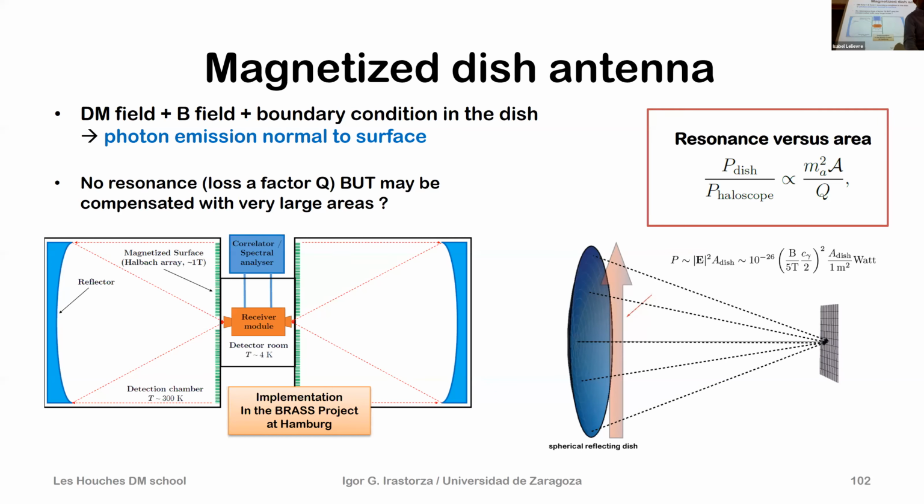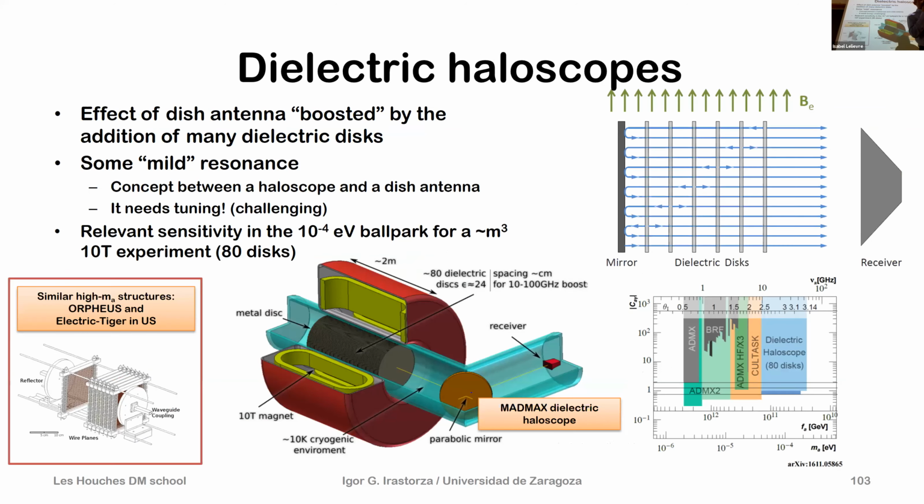So this idea was later refined and evolved into what is now known as dielectric haloscopes, which is a hybrid between this magnetized dish idea and the conventional haloscope. So somewhere in between. So we recover some resonance, some amplification. The idea is to stack many of these interfaces.